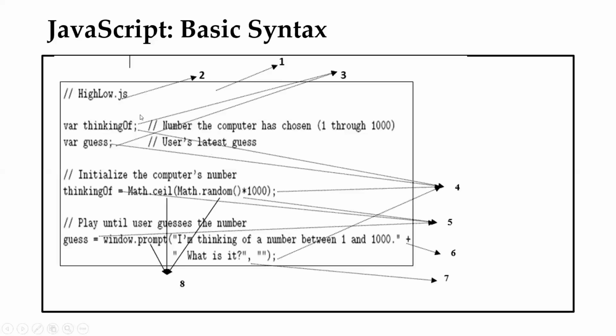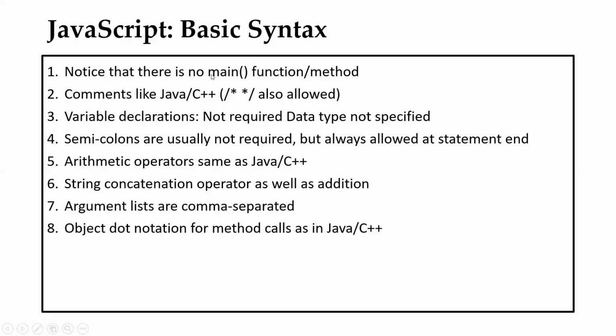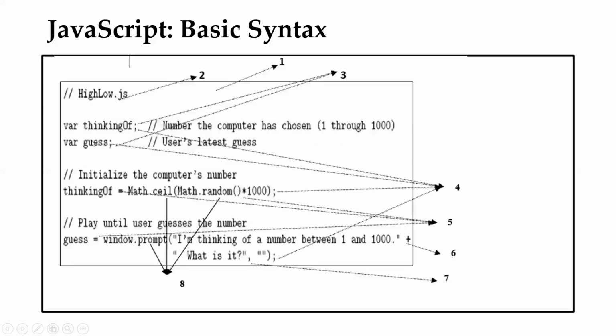First, there are no main functions. We can declare variables. The double slash specifies a comment. There is no main function like in C programming.